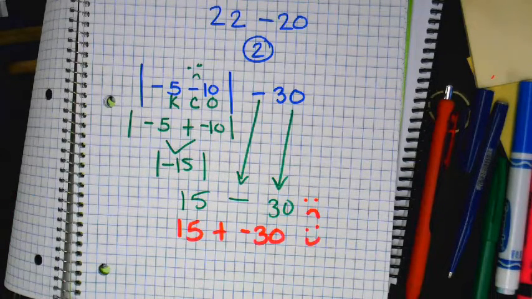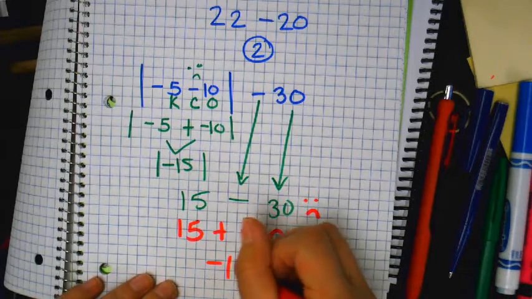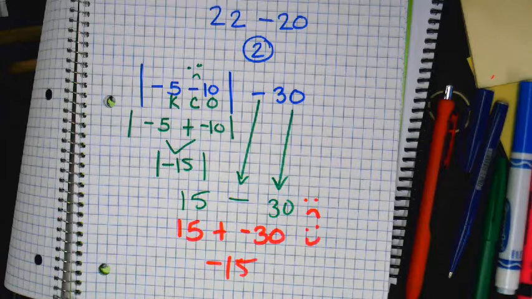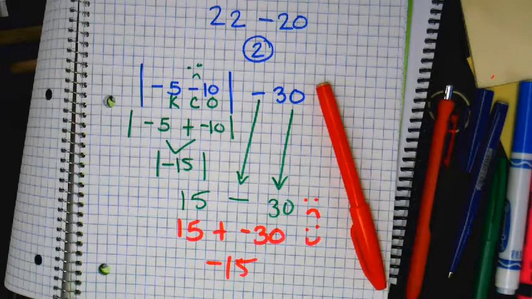More positives or negatives? So your final answer should be negative 15, not 45. And welcome to 7th grade. I think this is when you've realized, oh, okay, I'm learning 7th grade math now.